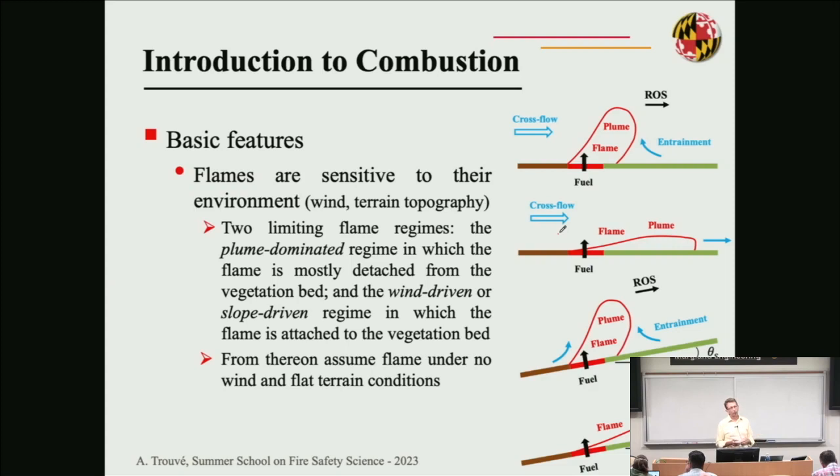But the situation where the flame is on a sloped terrain or with the presence of a crosswind is more practical, is of interest. So let me just say a few words here, and maybe I have a couple of comments coming down the line as well, but again, I will stay away from this. So here you can see that you have two limiting regimes that are introduced in the literature.